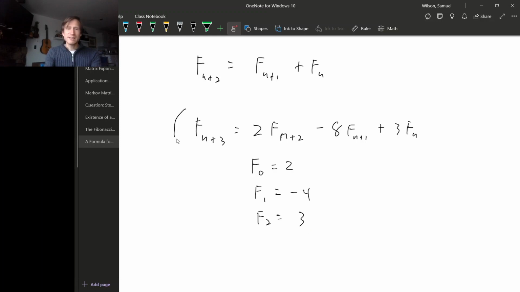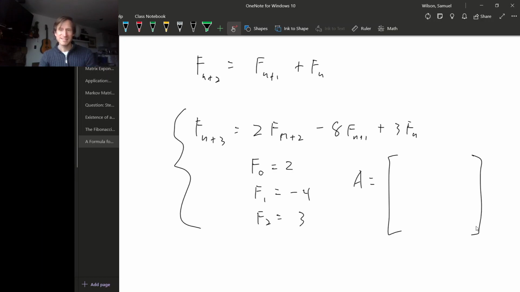And this is exactly the input data we would need to do this whole diagonalization trick. In this case, our matrix A would be, let's see, we would be multiplying by f sub n, f sub n plus 1, and f sub n plus 2, and we're getting the next terms in the sequence, so we need a 1 here, a 1 here, and then here are our coefficients, so 3, minus 8, and 2.